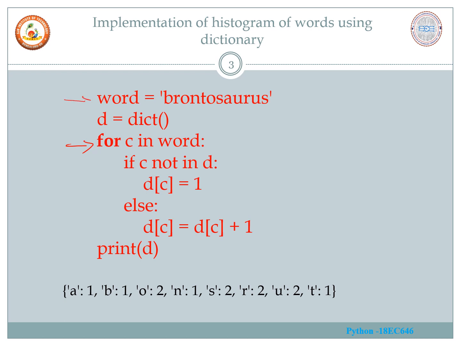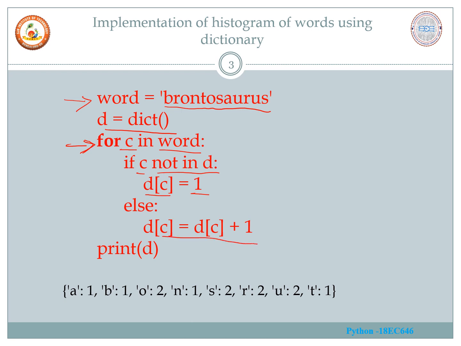The string we have taken is a word variable assigned the string Brontosaurus, and we are creating a dictionary d and traversing through each and every character of the word. Now we are checking if c is not in d, then d[c] = 1, initialize it to 1, else you increment it by 1.